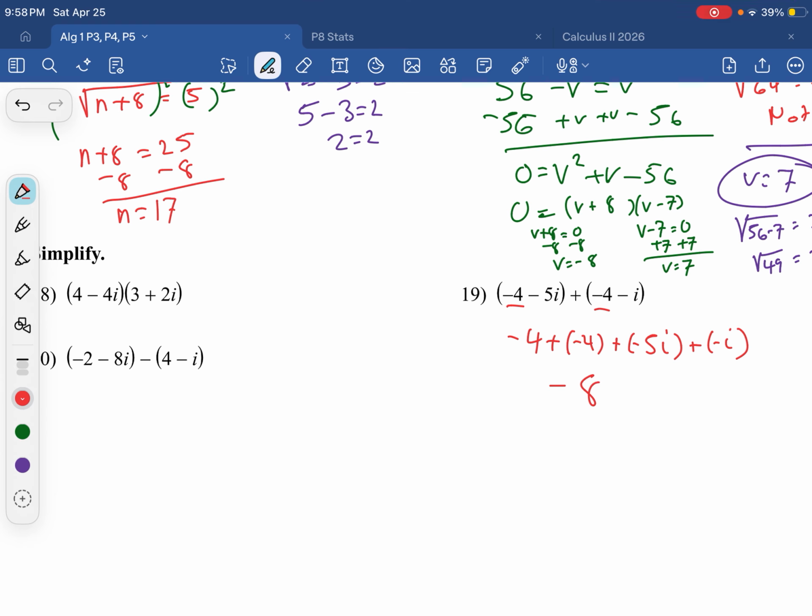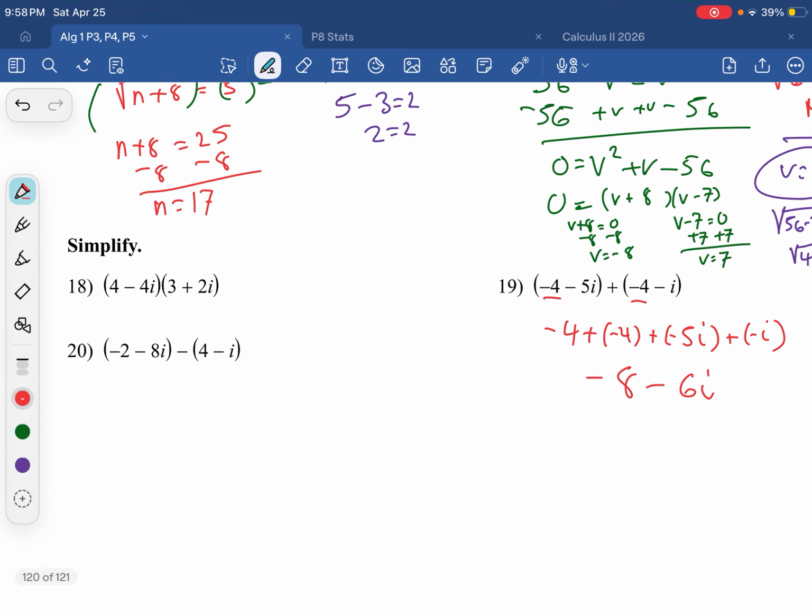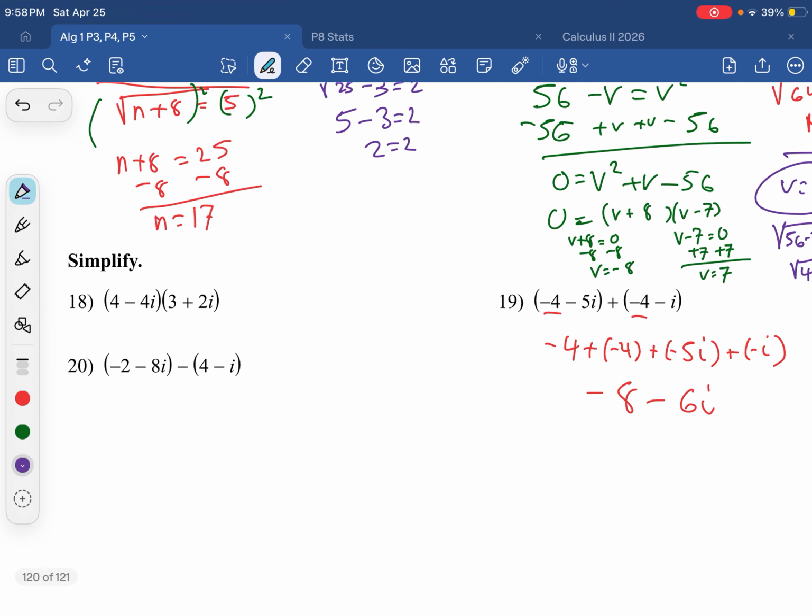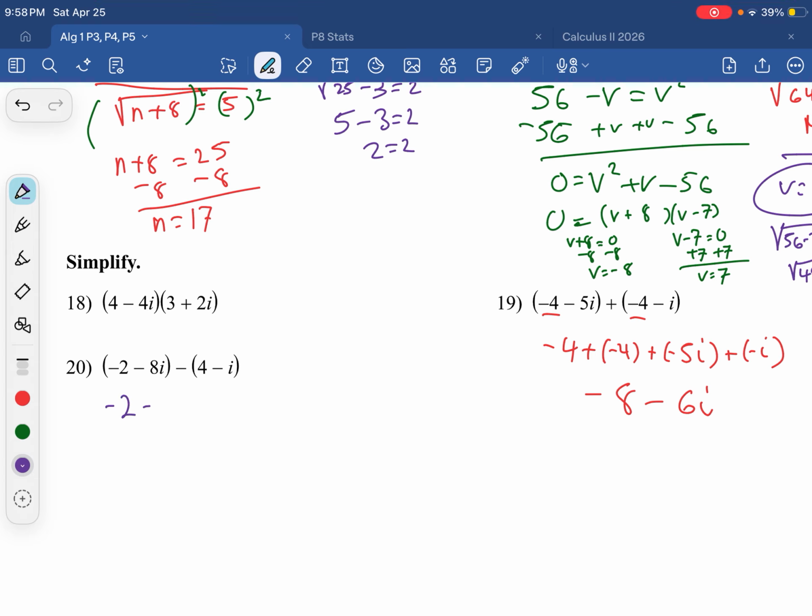So I get negative 8 minus 6i. And number 20, I would rewrite this as negative 2 minus 8i plus, and then a negative 4 plus i. Negative 2 plus negative 4 is negative 6. And negative 8 plus i is going to be minus 7i.